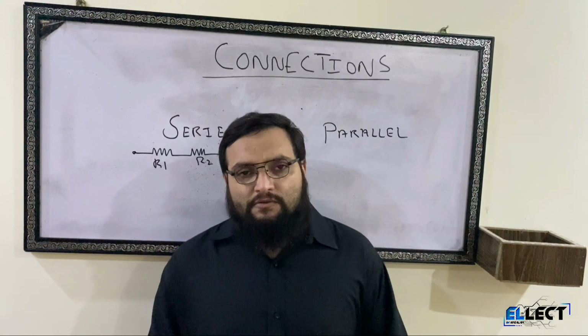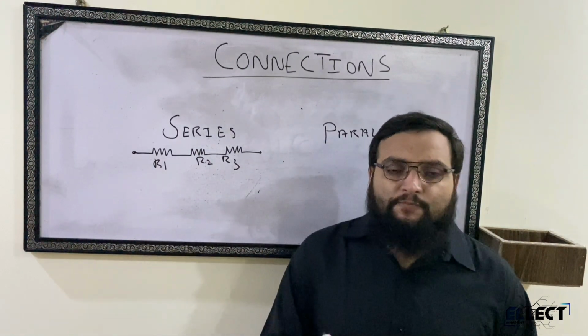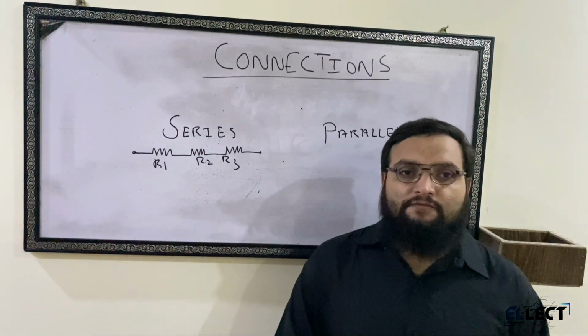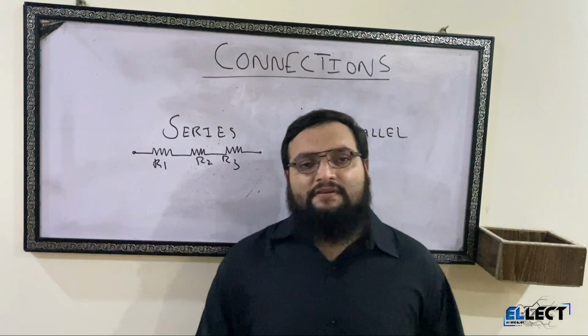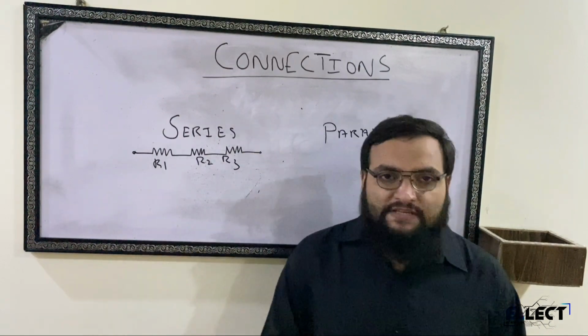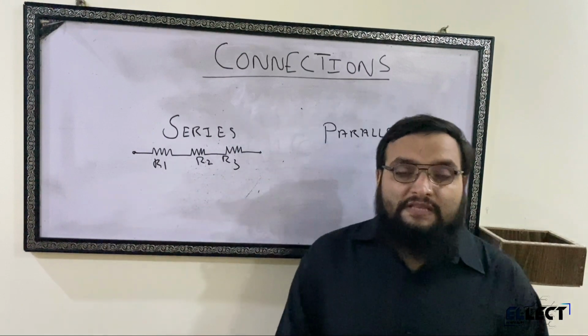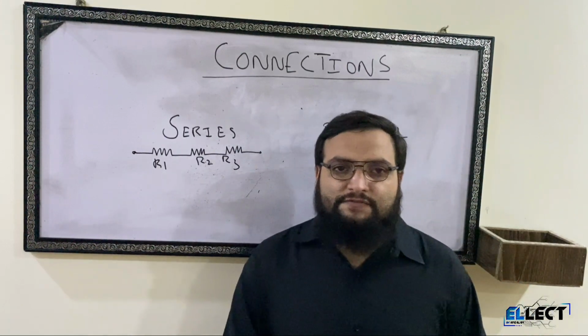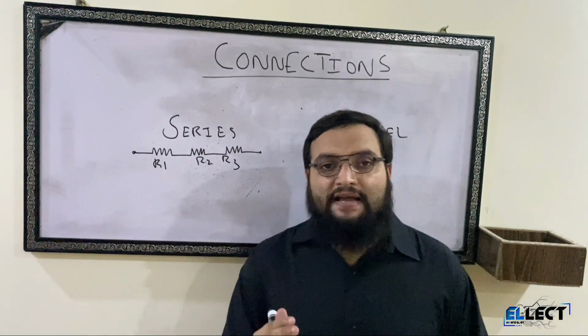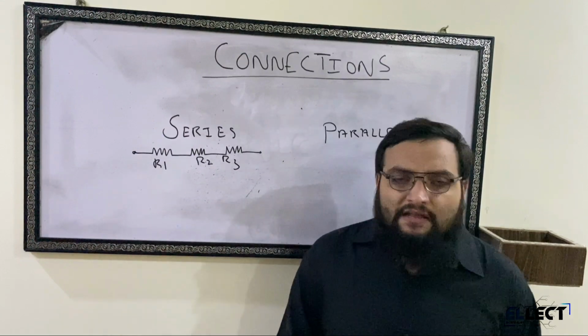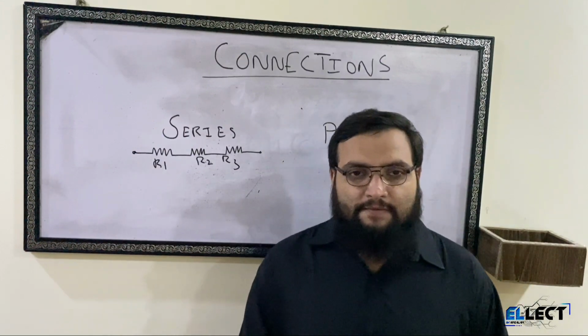Now coming to the key points of the series circuit, whenever resistors are connected in series, the equivalent resistance will be higher than the highest value of the individual resistors.